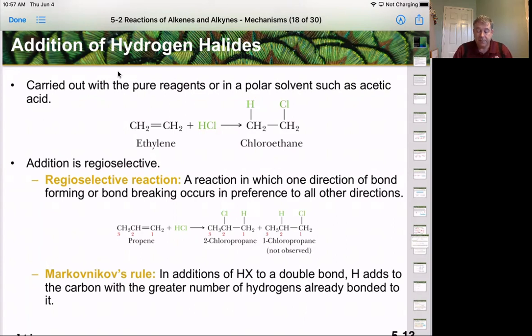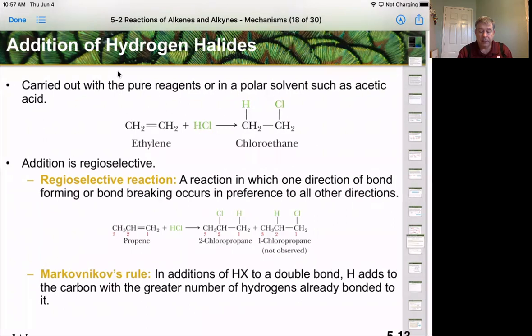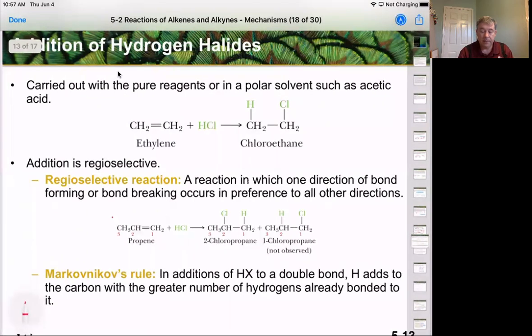In this particular reaction, when we have an alkene that has a substitution on one side and no substitution on the other, and we add a hydrogen halide across it, the halide, or chlorine in this case, will always add to the more substituted side, i.e. the side with more carbon attachments to it.